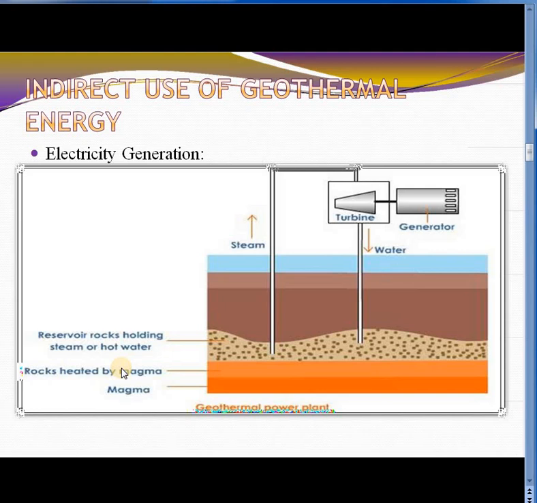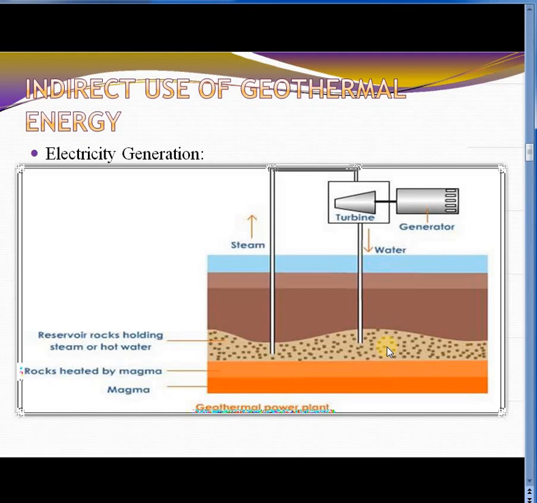The indirect use of geothermal energy is when you are generating electricity in areas where you have porous rock present at a depth of 3 to 5 kilometers. The temperature of the steam source must be higher than 1.1 degrees Celsius.